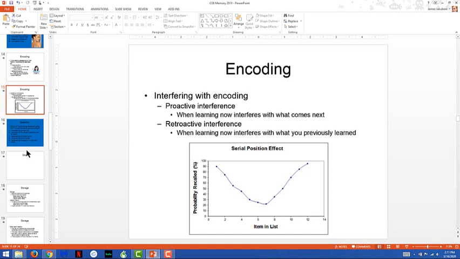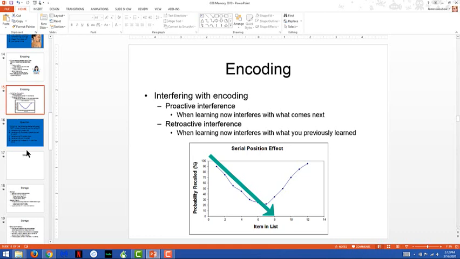Only. In that case, you would find a memory system in which the very first thing you were told would always be best remembered, and each successive item would be less well remembered. So your ability to remember things in a row of information would always be best for the first item and worst for the last item.